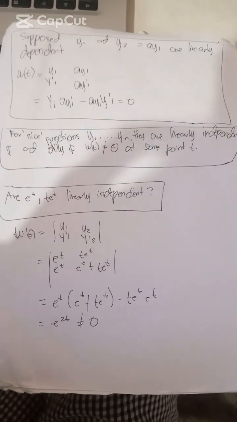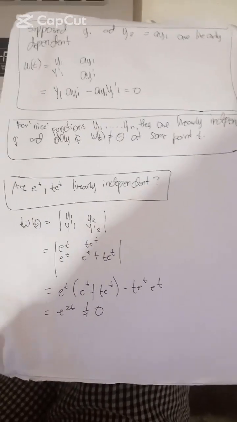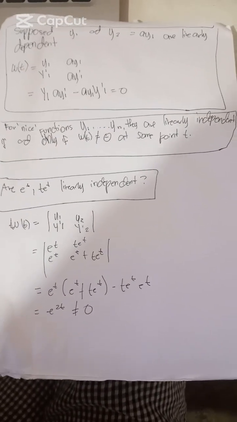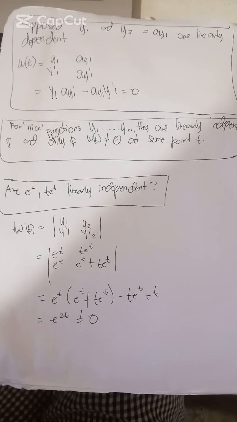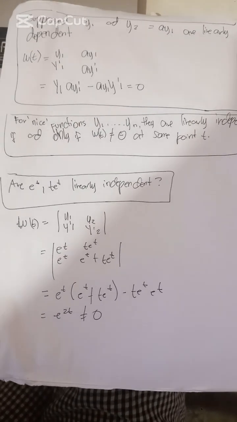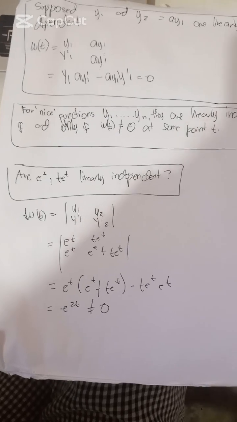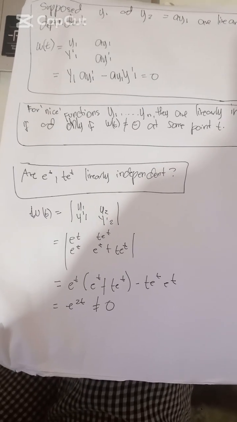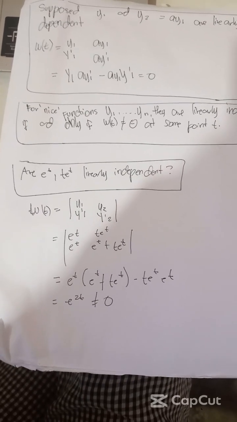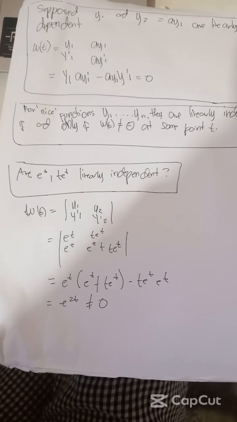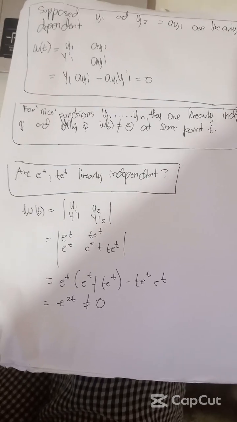So here's our theorem. For nice functions y1 down to yn, they are linearly independent if and only if the Wronskian is not equal to 0 at some point t. For another example, are e^t and t e^t linearly independent? Let's solve using the Wronskian.